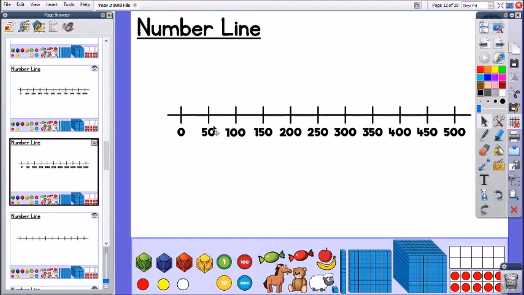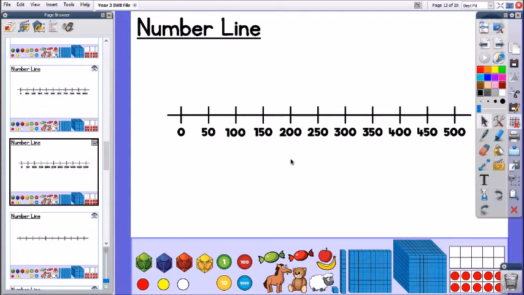So it's important to know that in between 0 and 100 is 50. And now we can count those numbers too. 0, 50, 100, 150, 200, 250, 300, 350, 400, 450, 500.